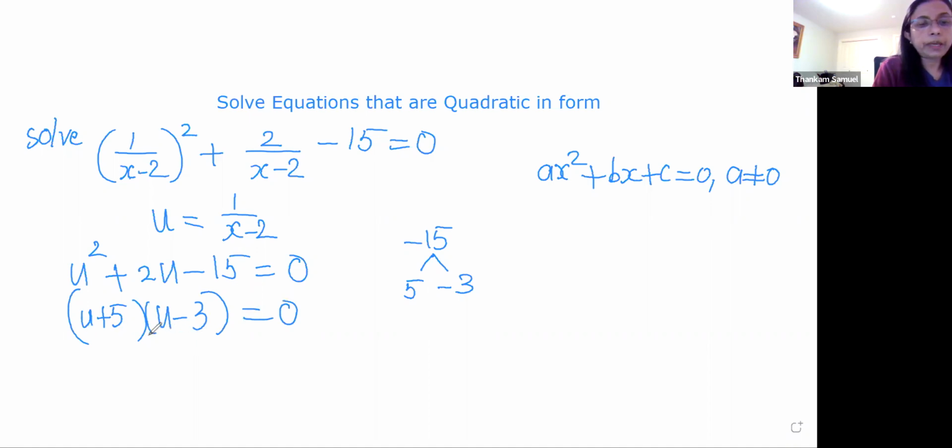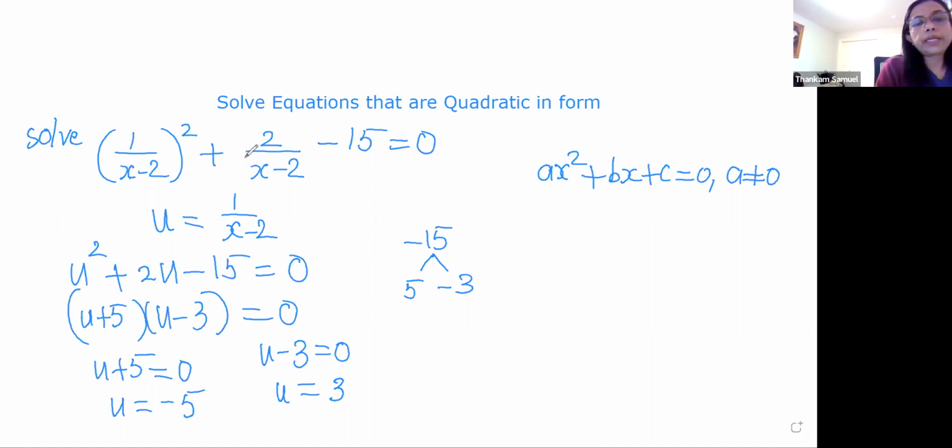You can use the zero product rule, set each factor to 0. So u plus 5 equals 0, subtract 5 from both sides, so u equals negative 5. And from the second factor, u minus 3, set that factor to 0, add 3 on both sides. So u equals 3.